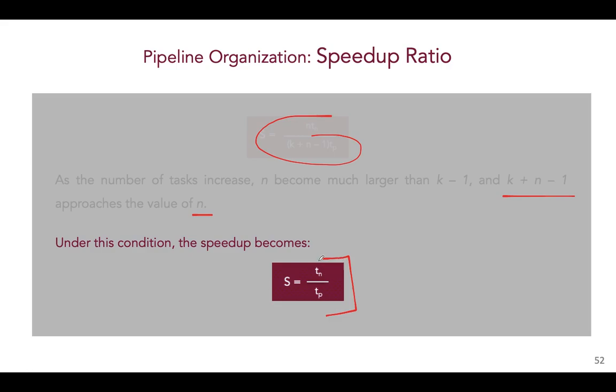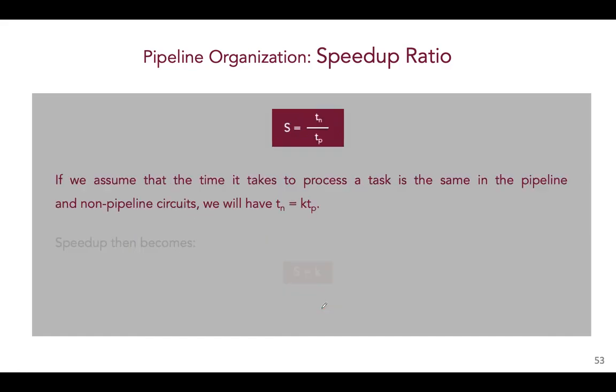Tn is the time it takes to complete the task in a non-pipeline system, and Tp is the time it takes to complete the task in a pipeline system. So now you're dividing Tn by Tp, and that gives us the speedup. But that is only valid when n is very, very large.